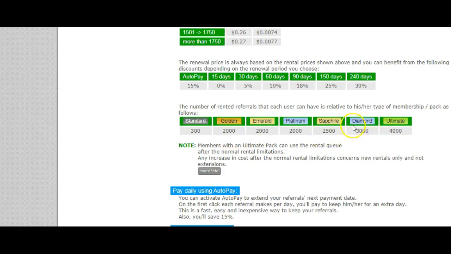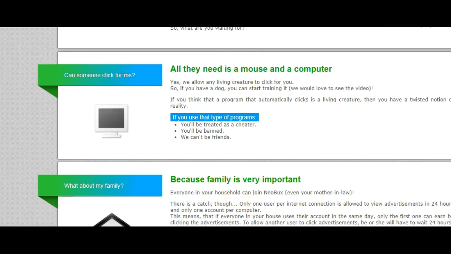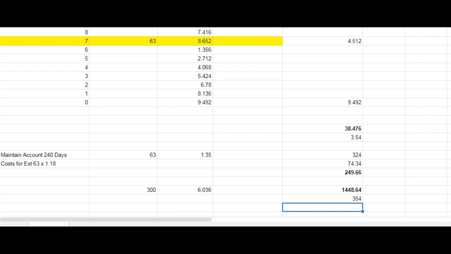If you go up to Diamond, then it's 3,000. If you go up to Ultimate, then it's 4,000 rented referrals that you can have in your account. So let's go back over and do some more calculations.